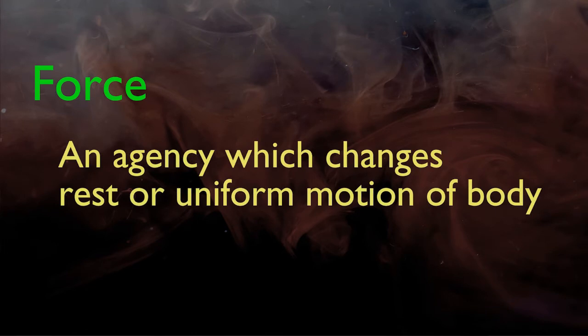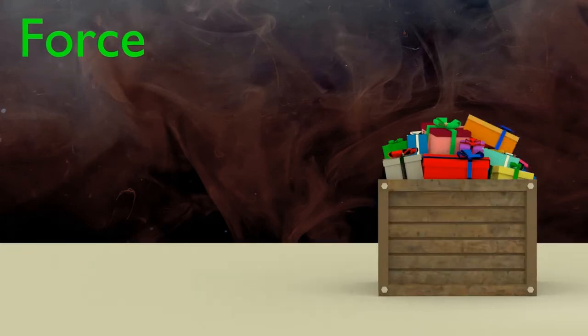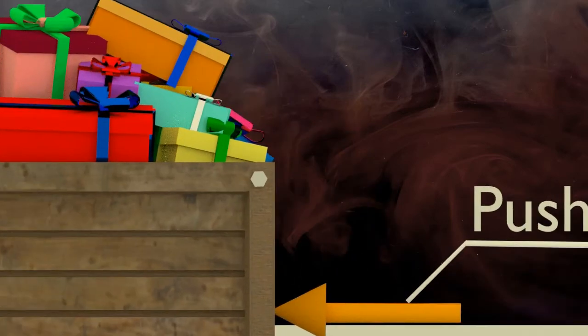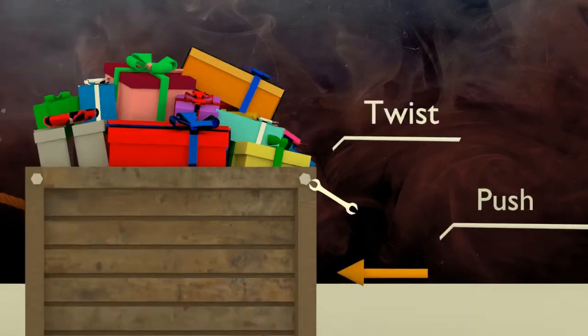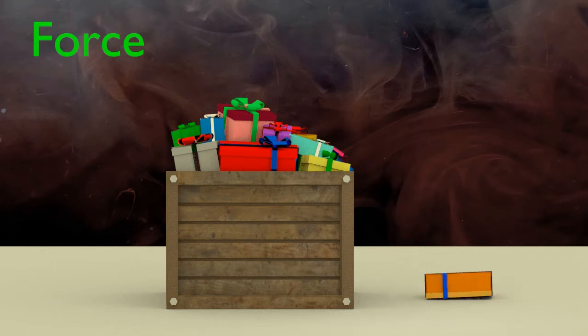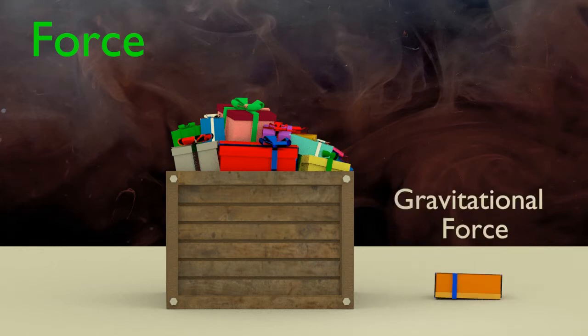An agency which changes the position of rest or uniform motion of a body is called force. For mechanics, we can divide it into an actual physical contact like push, pull or twist, or it can be without any physical contact like in case of gravitational force or magnetic force acting on a body.